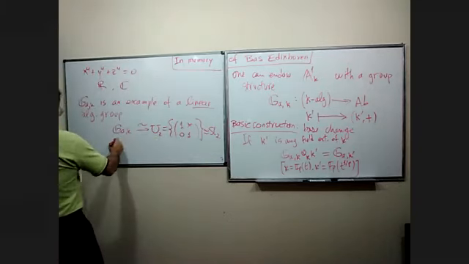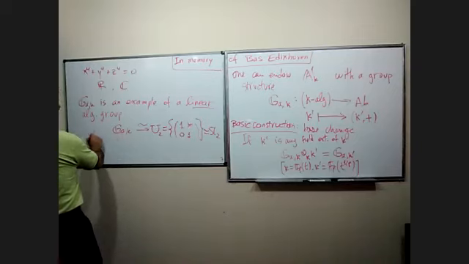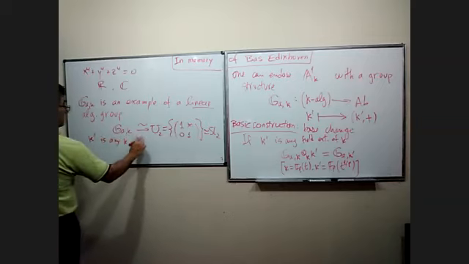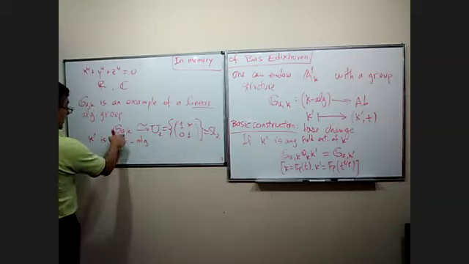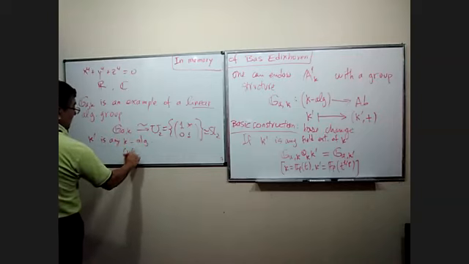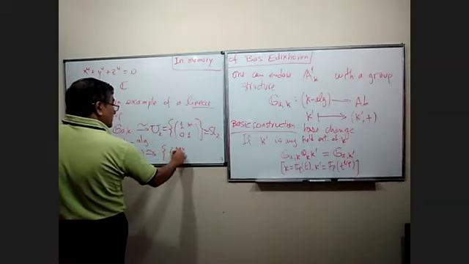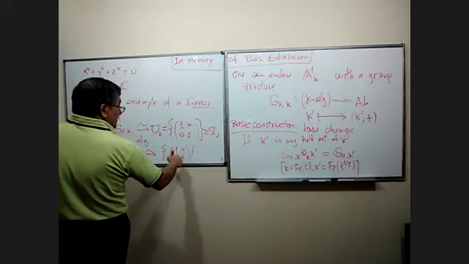As a functor, why? Because if you evaluate at any K-algebra K prime, then on the left you get K prime with the sum, and on the right you get this group of matrices.